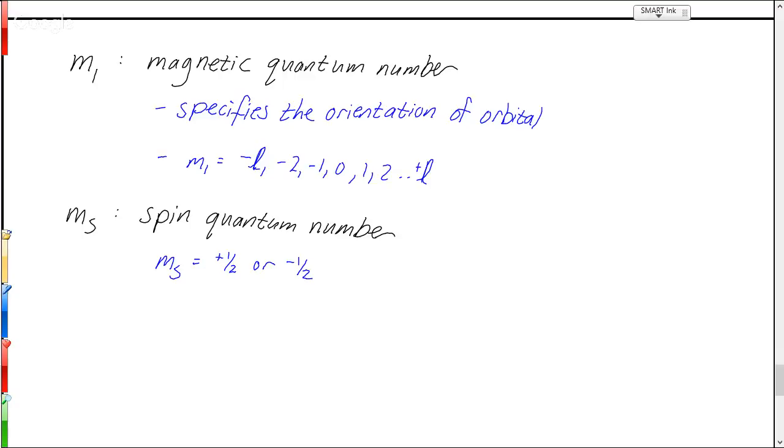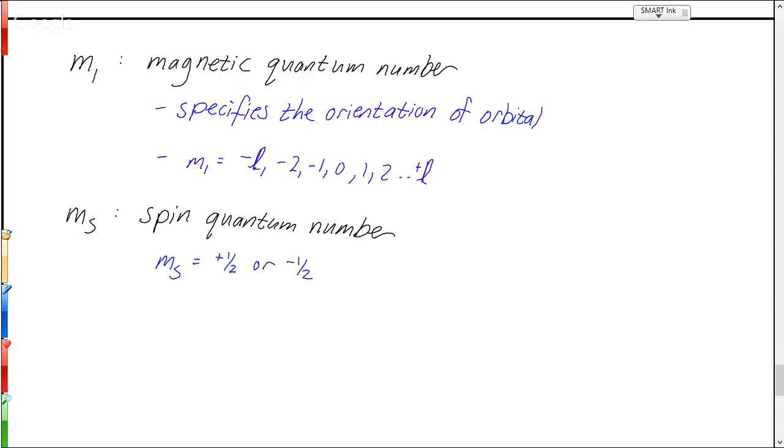It's called the spin quantum number because it describes this property called spin, which originally was thought like the electron could spin one way or spin the other way. Now we know it's a little bit more complicated than that, but we still call it the spin quantum number. We still talk about the electron spin.